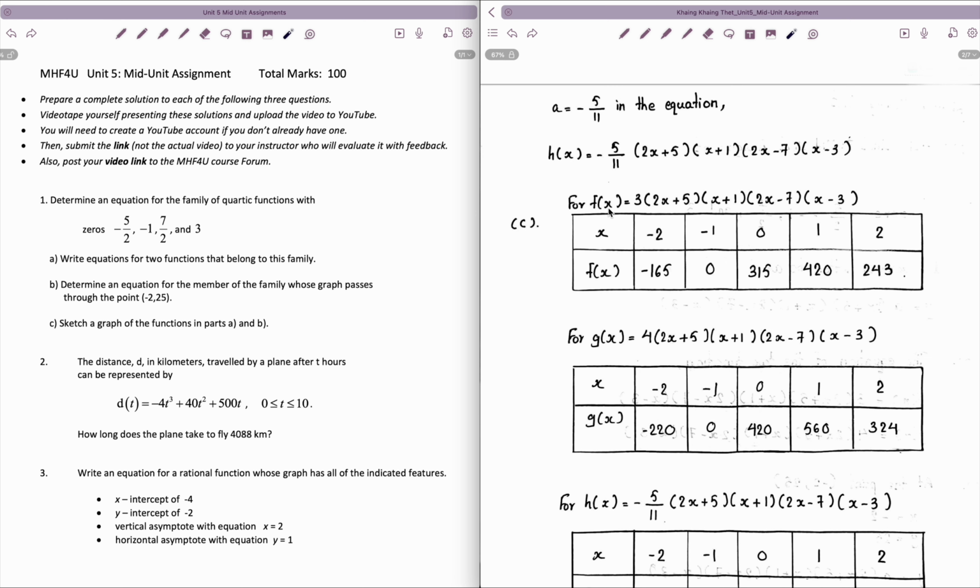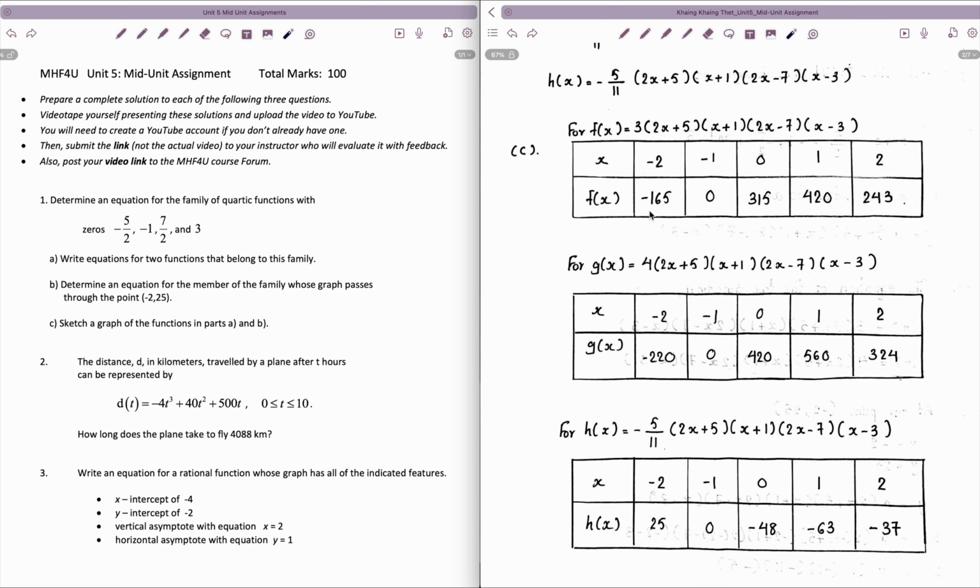For f of x and g of x, we use the same x-coordinates: -2, -1, 0, 1, and 2. We get the values -150, 315, 420, and 243. So g of x and h of x are the same.